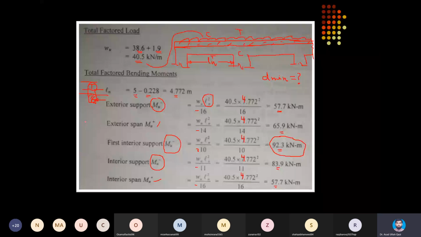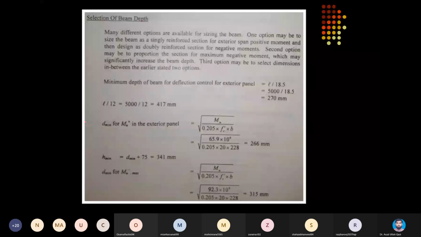So all these options are discussed on this page, selection of beam depth, that many different options are available for sizing the beam. Option 1 may be to size the beam as singly reinforced section for exterior span positive moment.